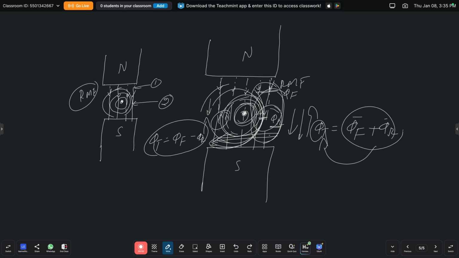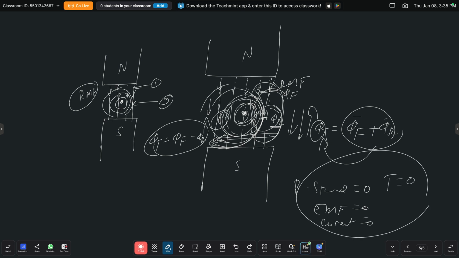Then the relative speed is zero, EMF is also zero, then current is also zero, then torque is also zero. That's why the rotor will always run at less than the synchronous speed, less than the rotating magnetic field speed.